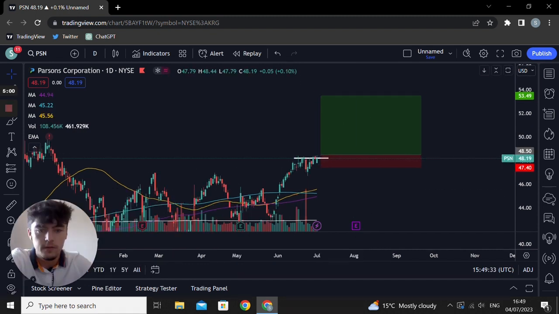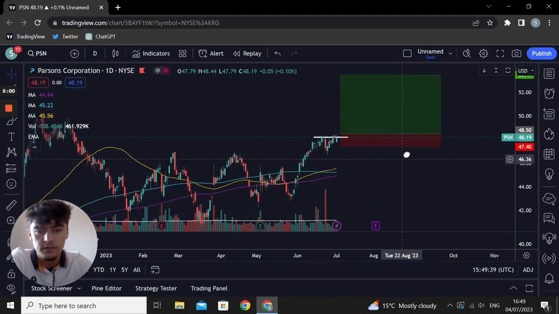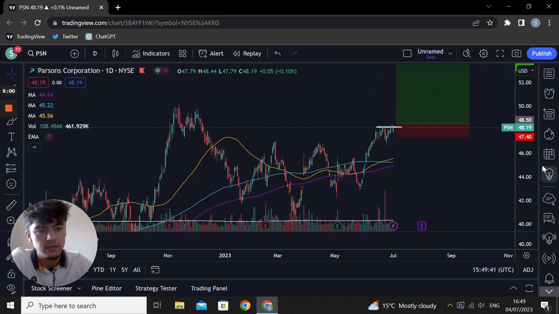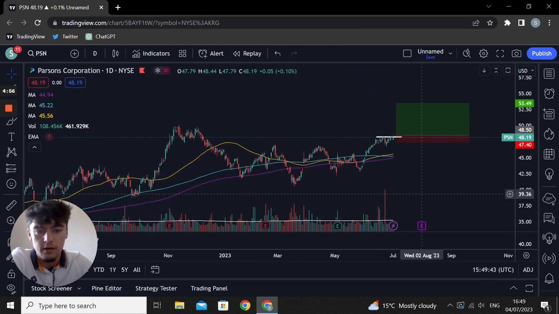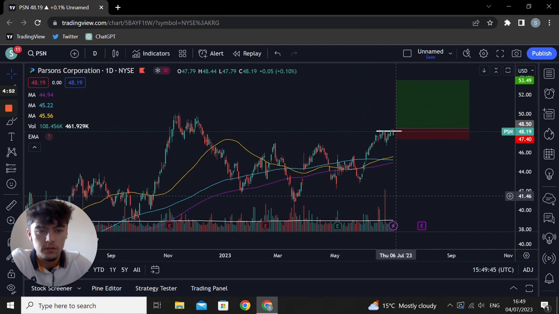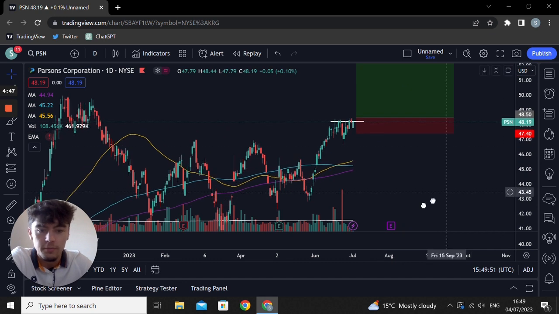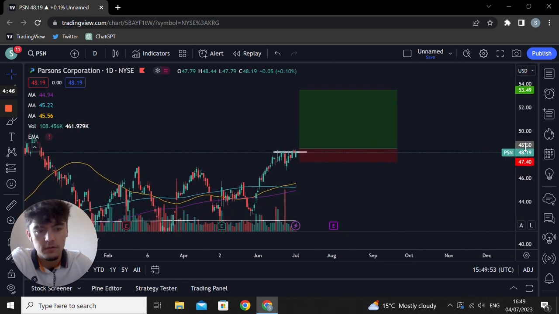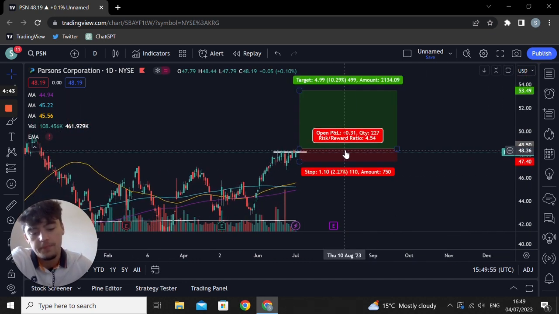The thing with these VCP patterns is that they are very reliable. Of course, they're not going to work every time, because that would be a cheat code. You're going to take losses, but it's about making more than you lose, right? And this is why we have a big risk to reward ratio here. So 4.5.